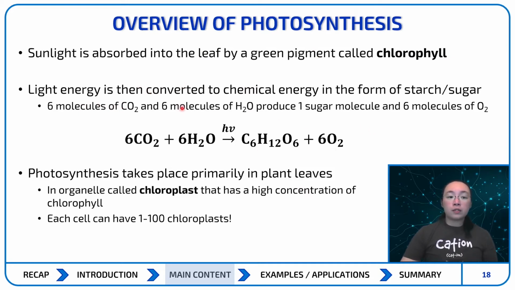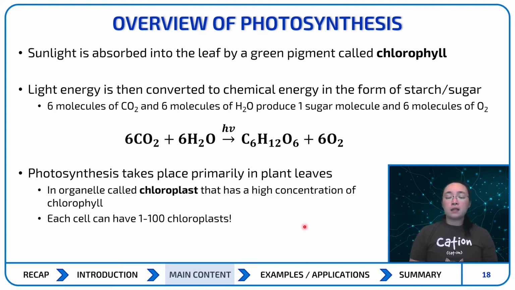The equation for photosynthesis is as follows. You have 6 molecules of carbon dioxide and 6 molecules of water. Once you have light, or the introduction of photons into the system, it's going to produce 1 sugar molecule and 6 molecules of oxygen.